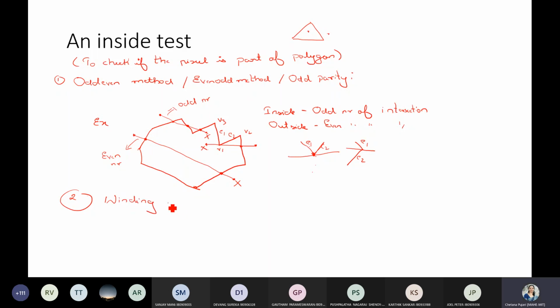the winding number method, or non-zero winding number method. Okay, so in this case, let's assume everything is a straight line here.